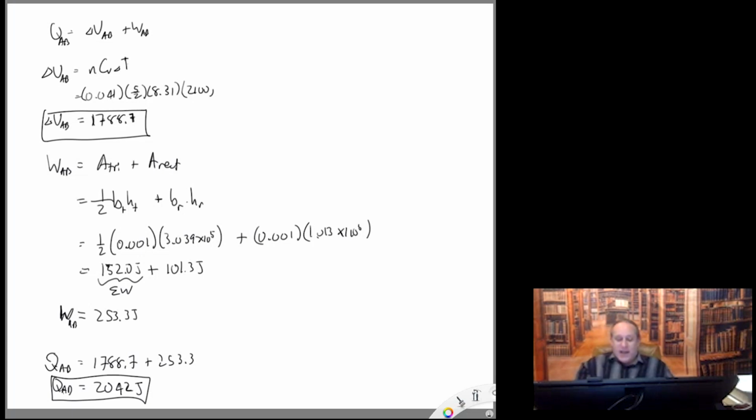Okay, and finally, to find the efficiency, that's just the net work over the heat input. And the net work, well, we found it by accident. It's the area of that triangle. It's 152.0 joules over 2042 joules.